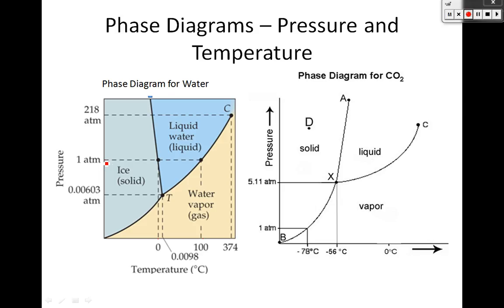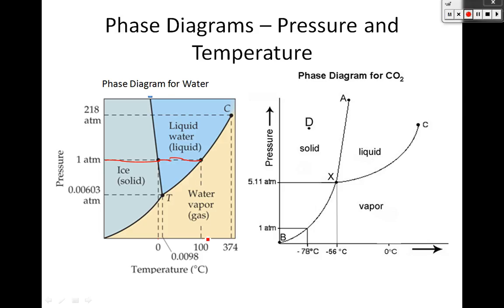If we follow the 1 atmosphere over, it's solid until we get to this line, where it's going to transition into liquid water, and that's at 0 degrees. If we continue to follow the line over, at this line, the liquid water will turn into gas at 100 degrees. I think I said 100 here. I meant 0 degrees here and 100 degrees here.